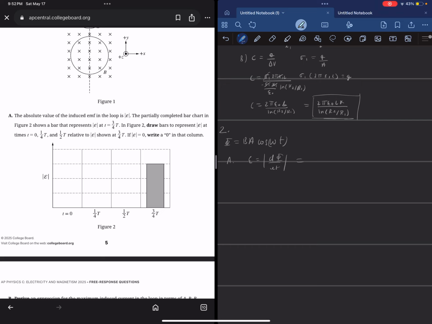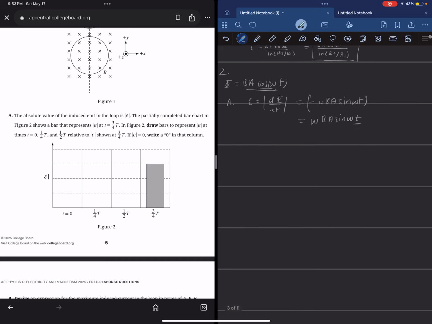That is just negative omega BA sine omega t, because that's the derivative of this. With the absolute value, that's just omega BA sine omega t, right? And now, because you have your T, you can estimate what your graph is going to look like for your induced EMF.